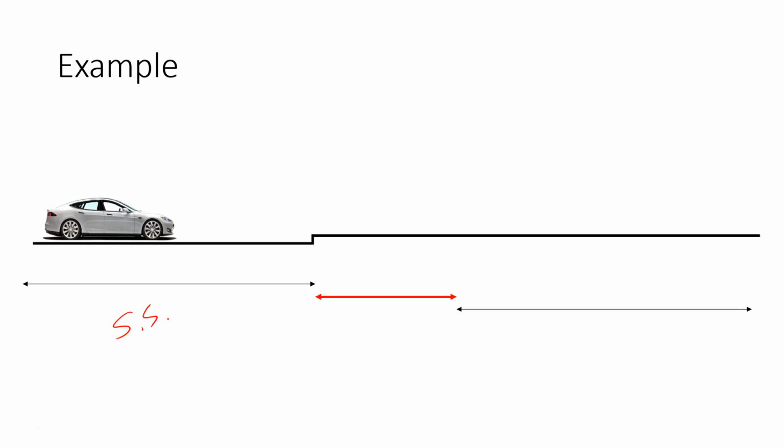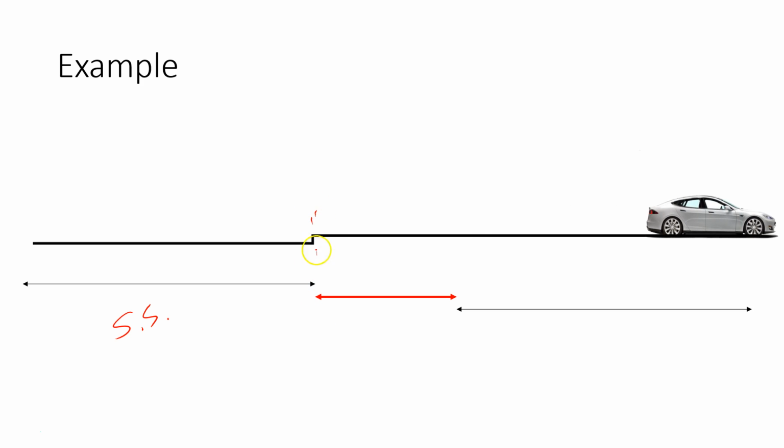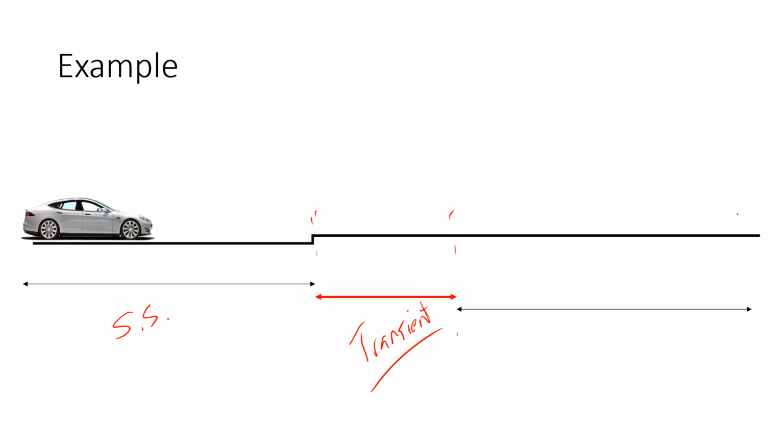But then what happens as you drive over the bump, and if you ever went over a hump or went into a pothole, you'd see this happen. What happens is the car starts to bounce a little bit. So during that time when the car bounces around, we call that the transient period.